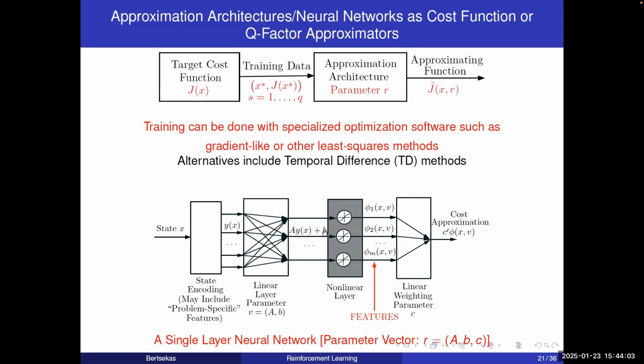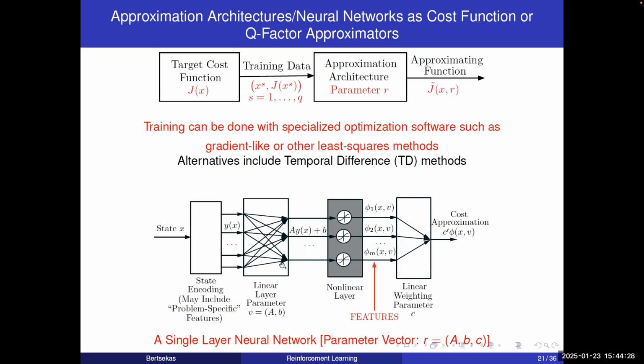And each scalar output of this layer goes through a nonlinear layer, a sigmoidal layer, or something related, ReLU, whatever. There are many different sigmoidal layers that people use. And we obtain now a function of x and of v.